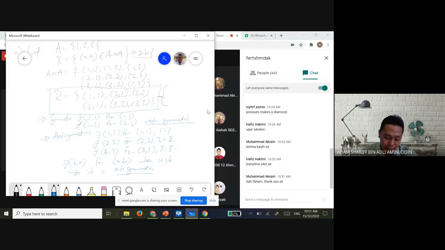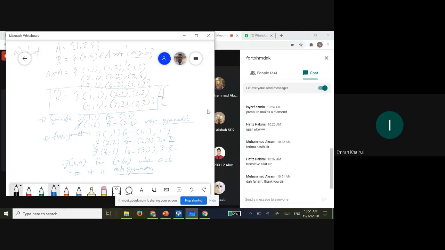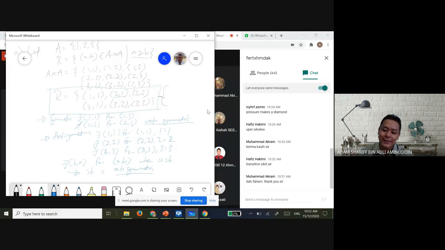Selalunya dia tidak sama, tetapi ada satu condition yang mana dia boleh berlaku, dia simetrik dan anti-simetrik. Boleh. So, padamlah kamu dekat perkataan tu. Okay, sorry. Tak apa. Yang penting kita saling mengingatkan.